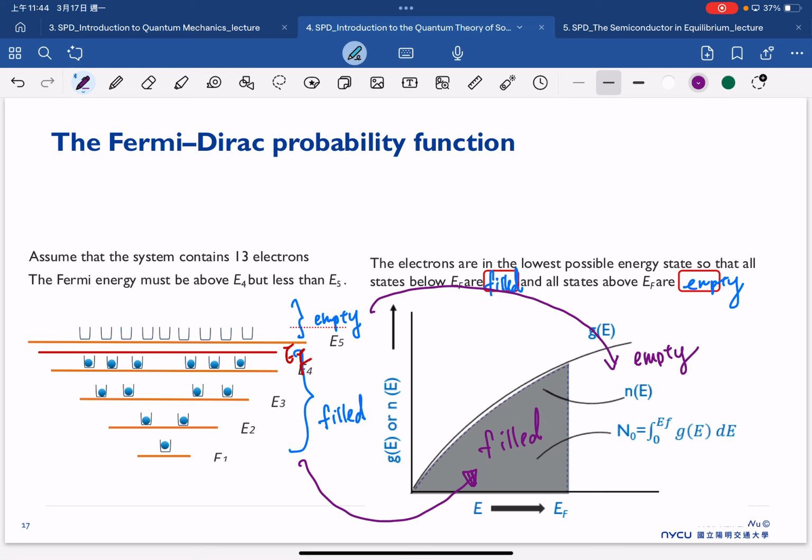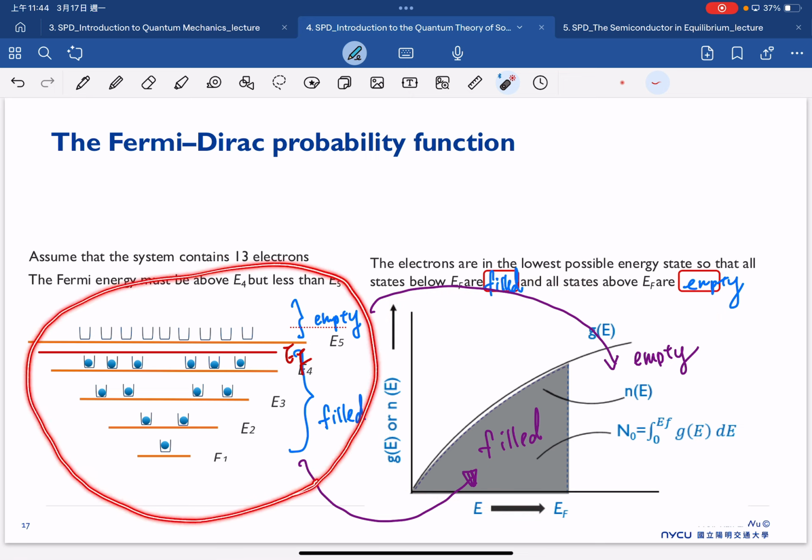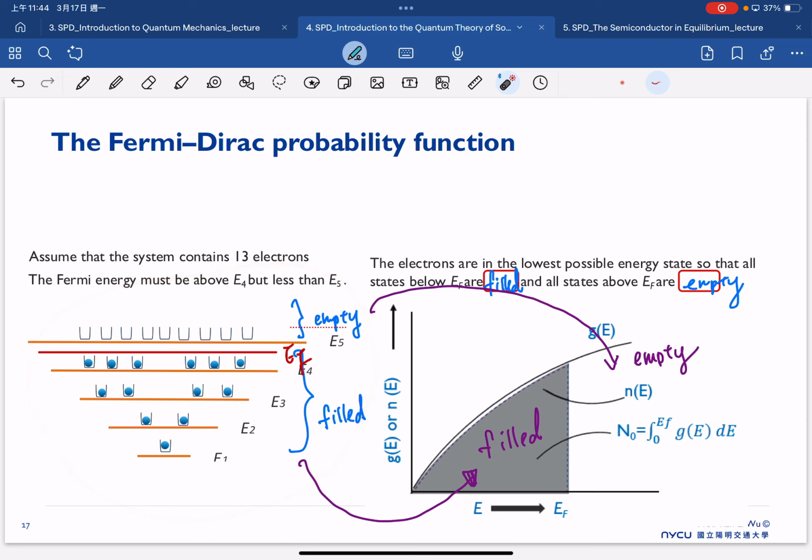We can use this graph we described before to understand this phenomenon as well. The g(E) here means the available energy states.